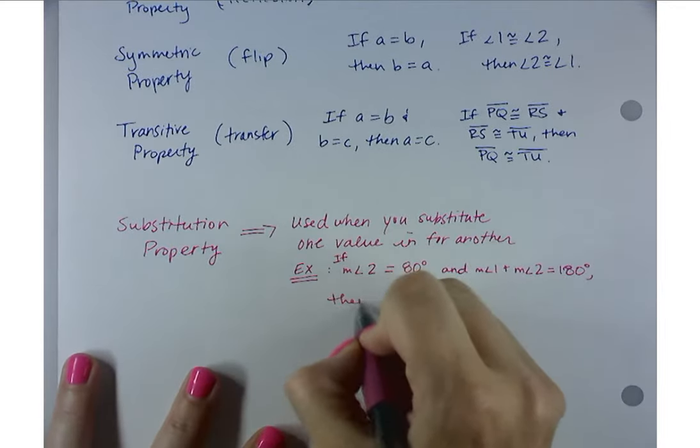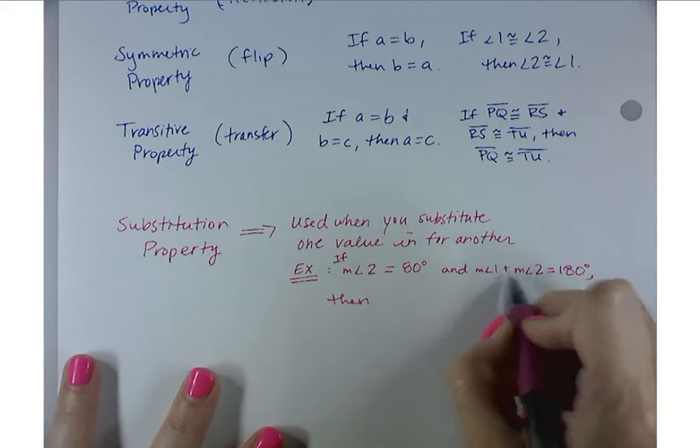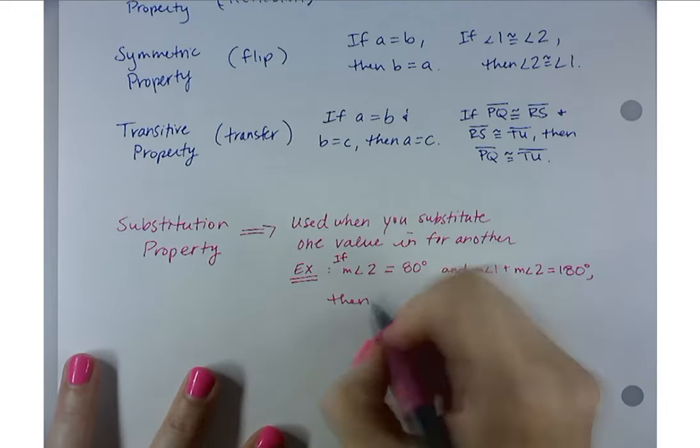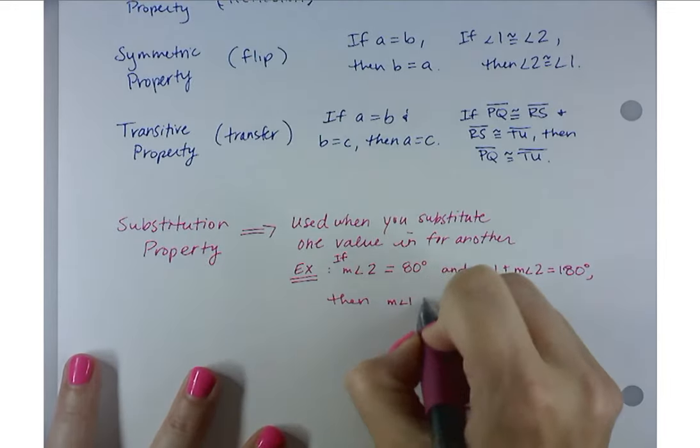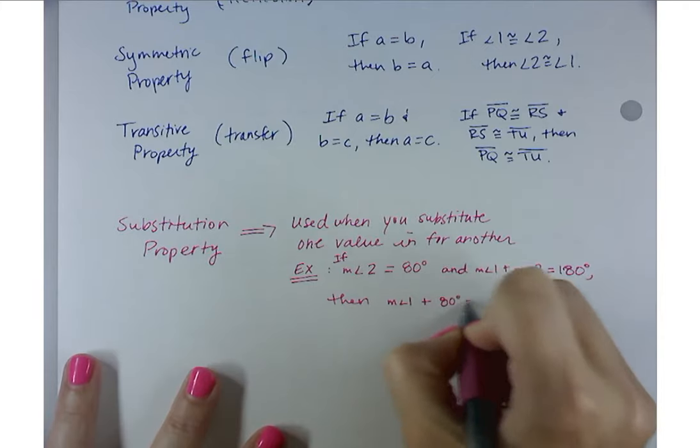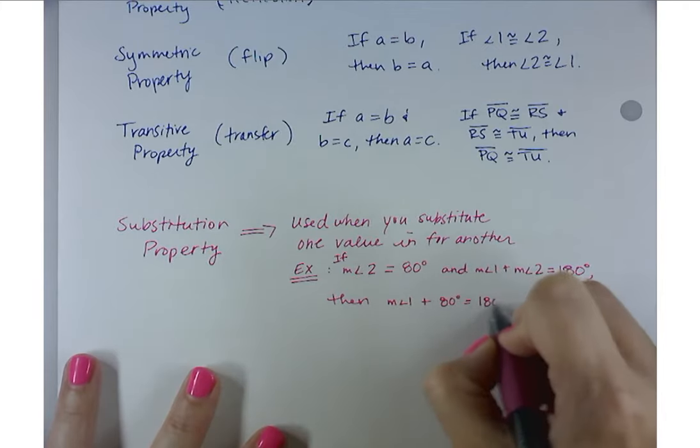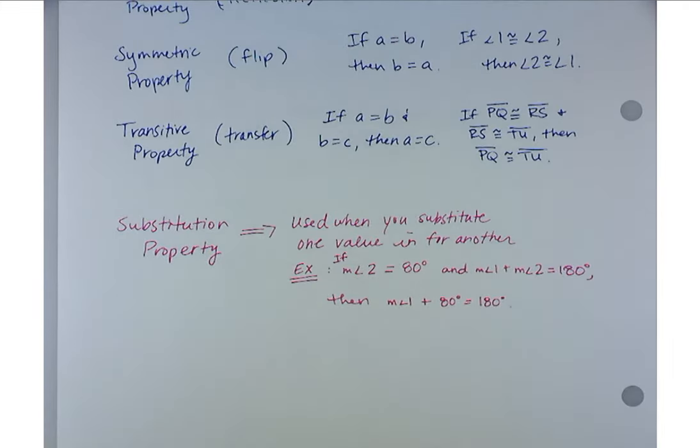Then, instead of saying the measure of angle 1 plus the measure of angle 2 equals 180, you could say the measure of angle 1 plus 80 degrees equals 180 degrees. Okay, so you're substituting in the value of 80 degrees for the measure of angle 2. And that would be substitution.